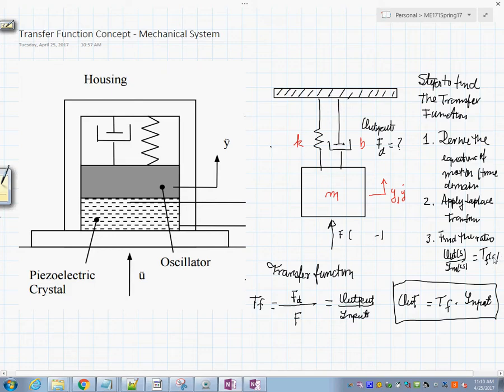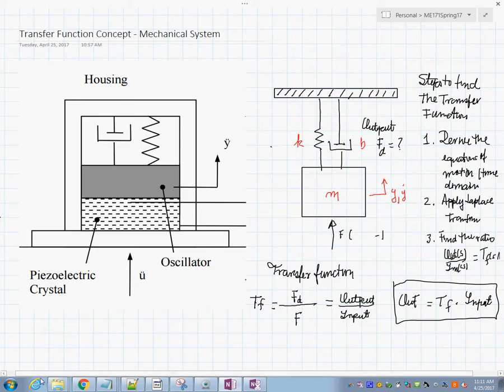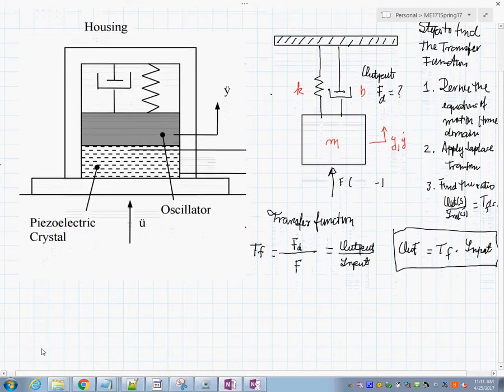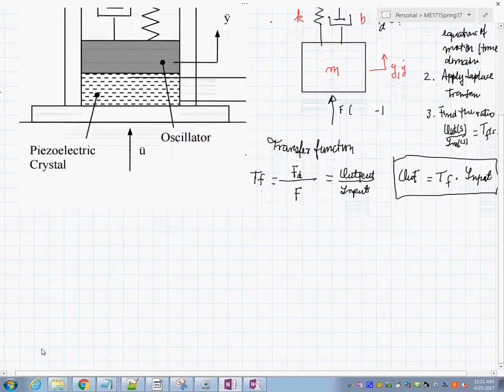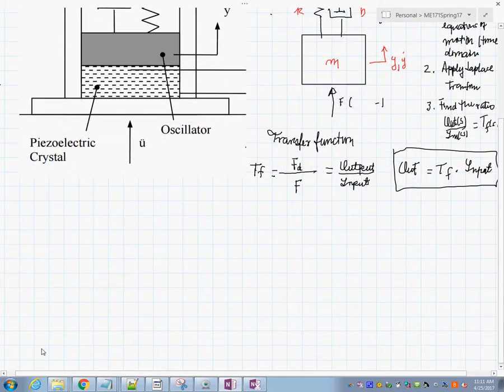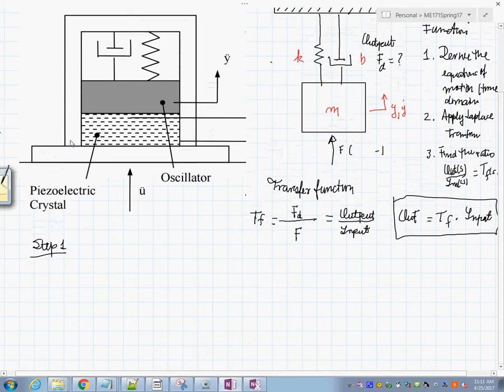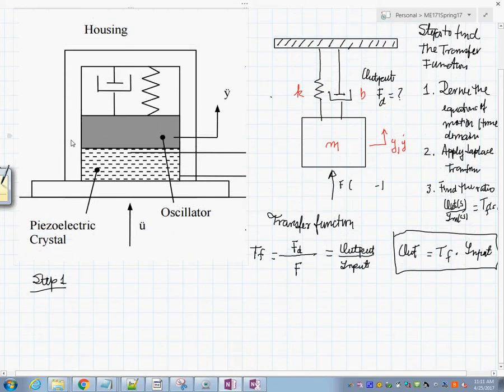Okay, let's do it for this example. How do we actually do this? The way we do this is we are going to find the differential equations of the system. So step 1 has to do with the differential equations.